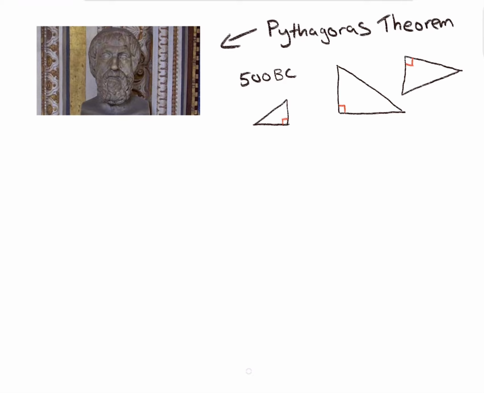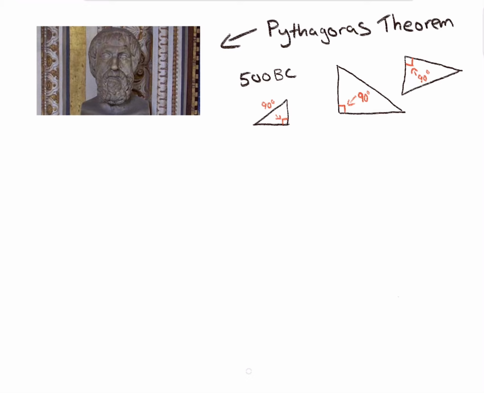Now we have learnt, you may have forgotten, that these little orange boxes in the corners that I'm going to draw an arrow to tell us that that corner is a 90-degree angle. So those little squares mean that the corner angle is a 90-degree angle. And we call those right-angle triangles. Right-angle triangle. Remember that, you won't forget it.